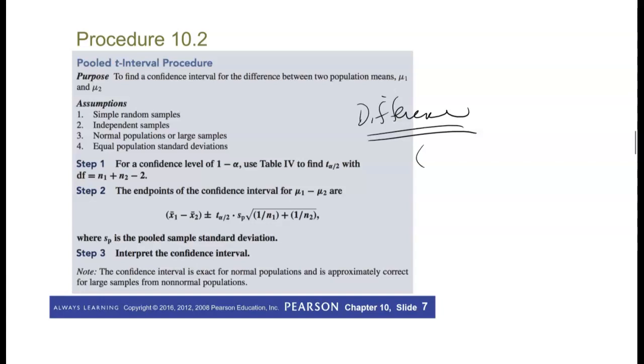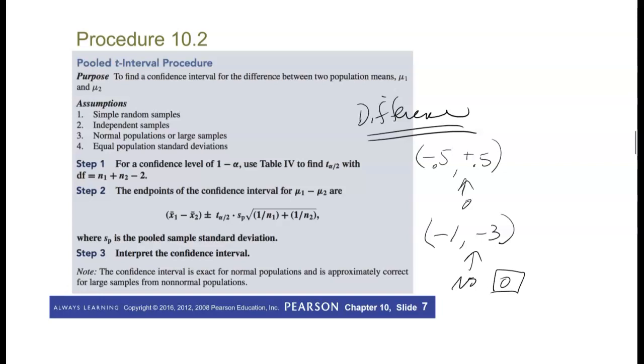So for example, if they're really, really close to each other, they're going to fall roughly around 0. So you could have like a negative 0.5 to positive 0.5. That would tell you that your population means are relatively close to one another because 0 falls within that interval. But if we did it where it was -1 to -3, notice there is no 0 in that interval.